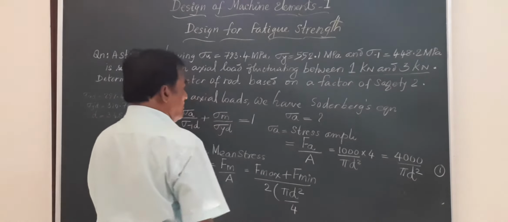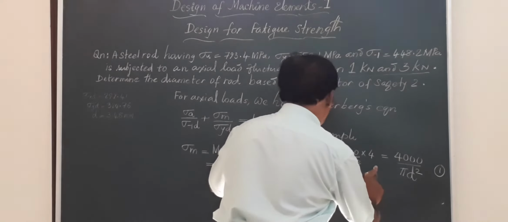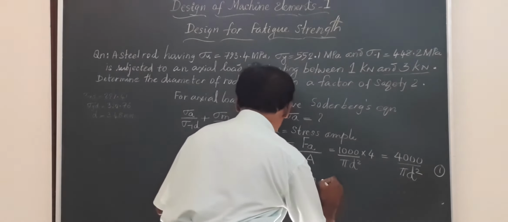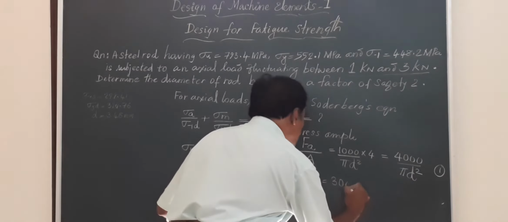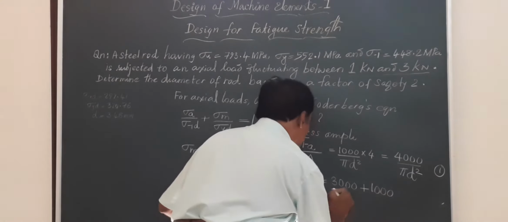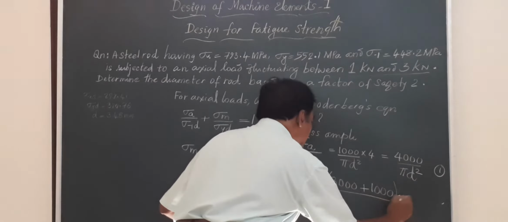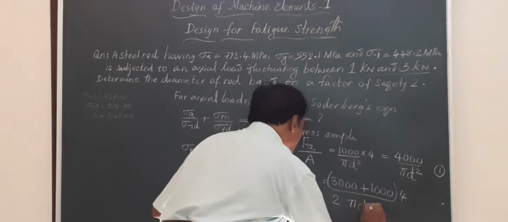So this value would be F maximum, which is 3000 Newton given, plus 1000, divided by 2. That 4 goes to the numerator, divided by pi d square.